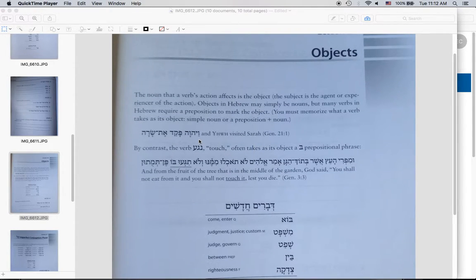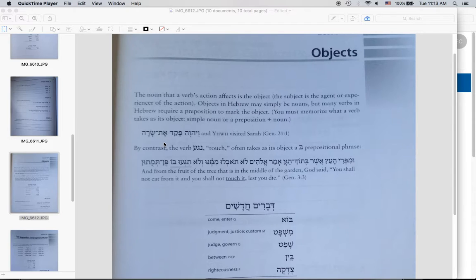Genesis chapter 21, Vadonai pakad et Sarah. And the Lord visited Sarah. So here we have our subject, we have our verb, and we have our object. This object happens to be marked by our direct object marker, so we know it's the object.